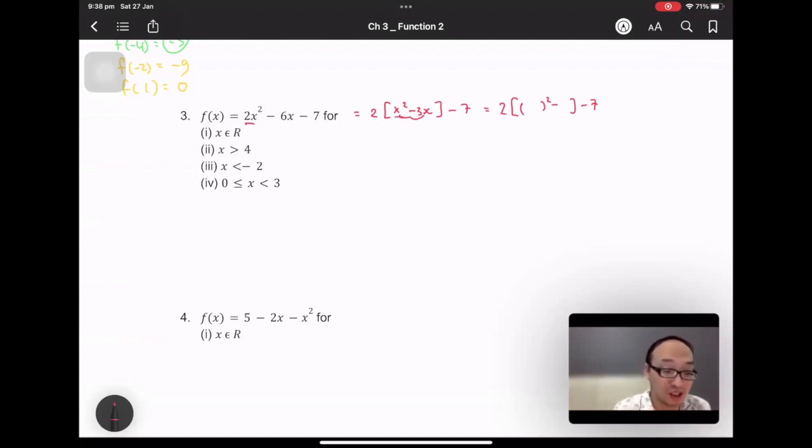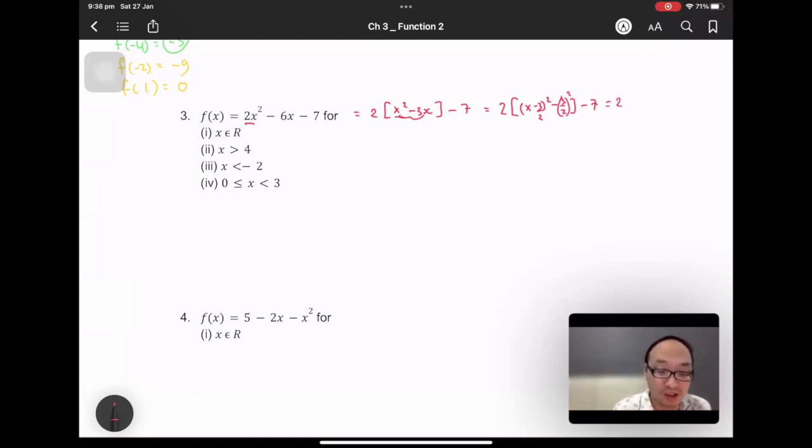So this is x squared. So this is x, minus 3x becomes minus 3 over 2. And this will be minus 3 over 2 squared. So we simplify.